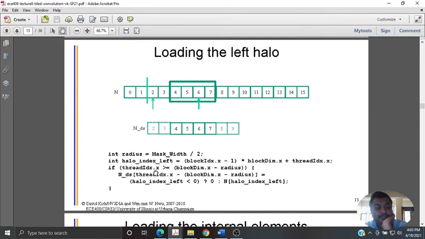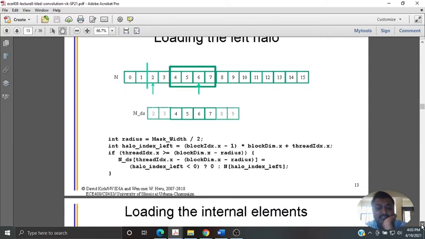Once you have this, halo index comes if thread idx is greater than block idx radius. So whether it is outside or it is a halo element or the ghost copies, that's what you are computing. You load either 0 or halo index left. If the element is available, you load that.